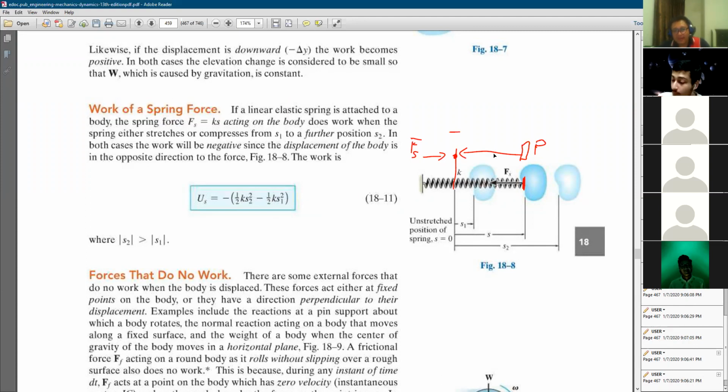However, if the spring starts here and is already compressed, it will have some sort of potential force inside the spring because it is already at that position. Then you release it.